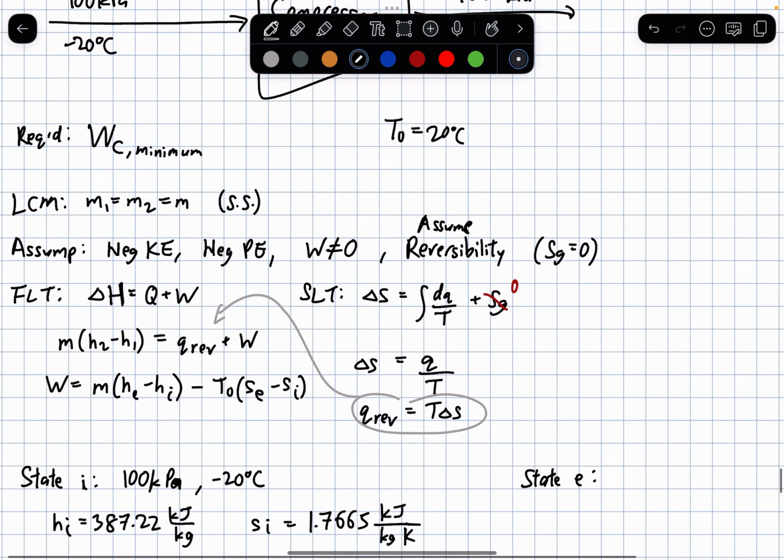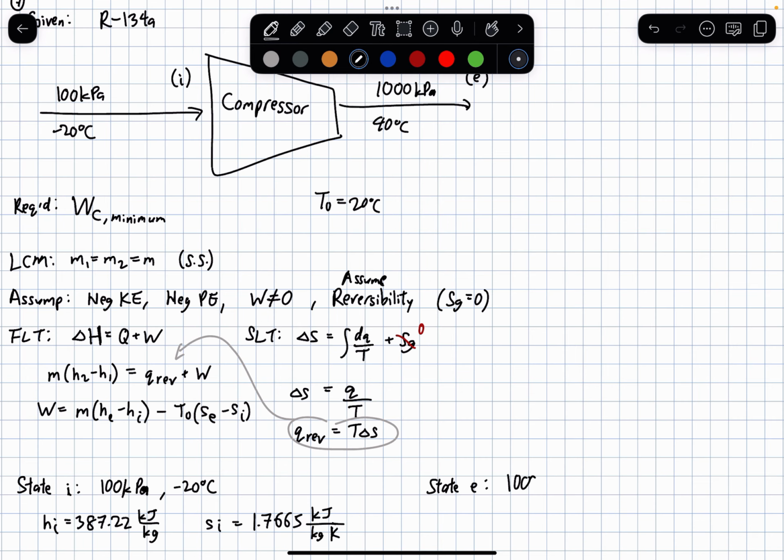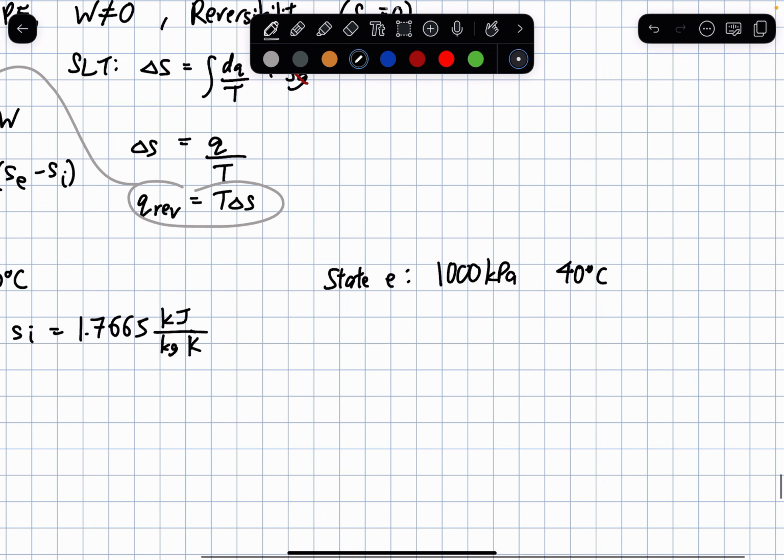State E, exit, is 1000 kilopascal, 40 degrees Celsius: 420.25, that's going to be H sub E. S sub E, 1.7148.